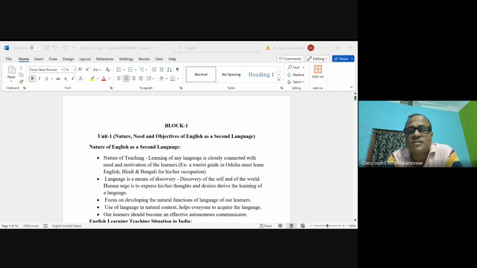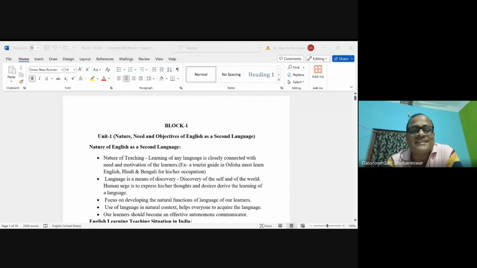You see the slide. If a tourist guide of Odisha does not learn English, Hindi, or any other language like Bengali, most probably Bengali, he or she cannot prove better in his or her occupation, cannot earn a good amount of money, because without knowing Bengali, cannot give guidance to the Bengali people.